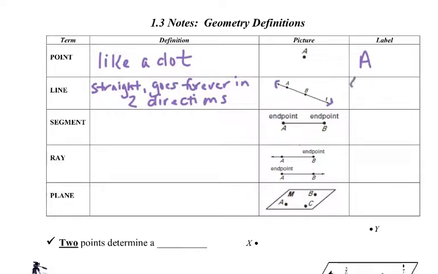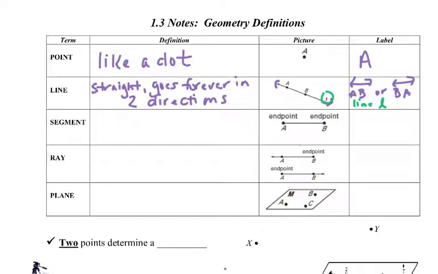When we want to label our line, we're going to label it with 2 points and a line symbol above it. So we might say line AB or line BA. Or you might notice this little cursive L there. Another way that we can name a line is by that cursive L. Sometimes it's an L or an M, but line cursive L is another way to name a line.